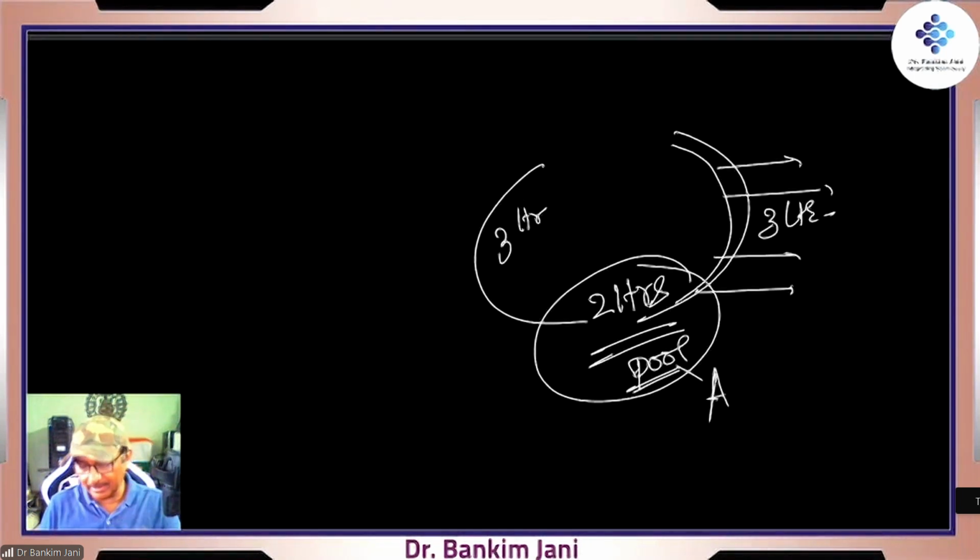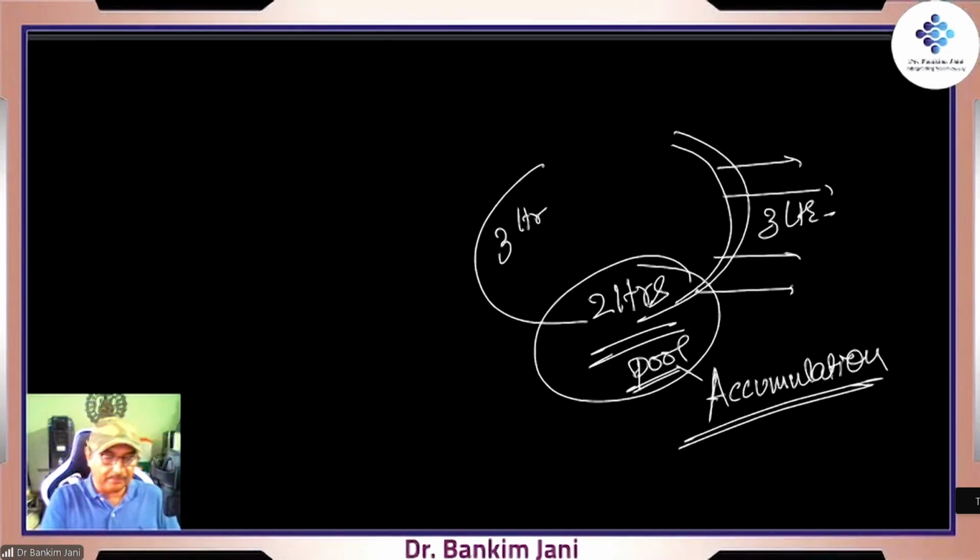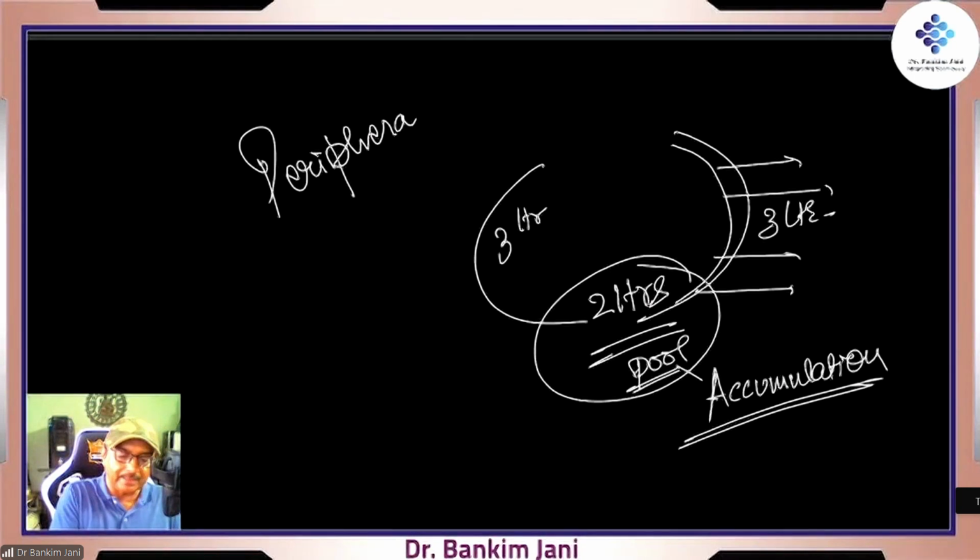I'll not erase this image. It is called accumulation. And whenever we use the word peripheral, peripheral means all the deep areas or the terminal areas, all the capillary areas.